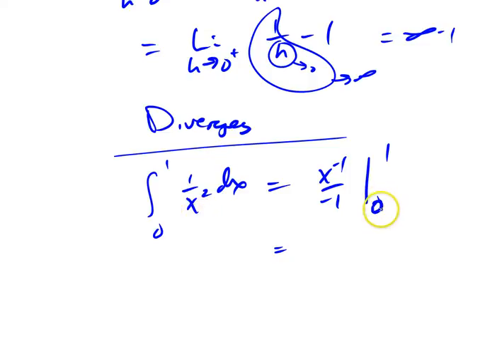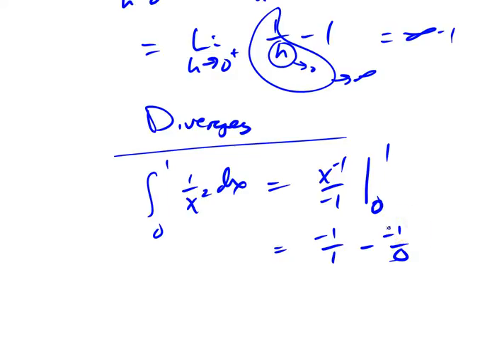But I'm getting something close to 0 and closer. But still, I make it look like I'm plugging the 0 in. So this would be minus 1 over 1 minus minus 1 over 0. And that divided by 0 gives me the indication that, hey, something really is wrong here, that this is going to be a really big number and that this diverges.